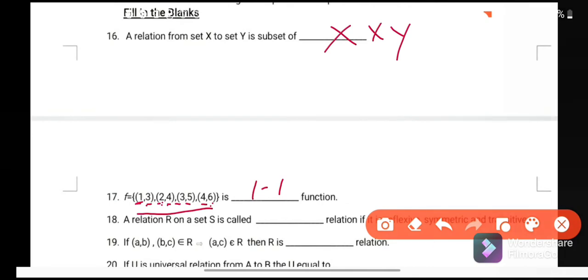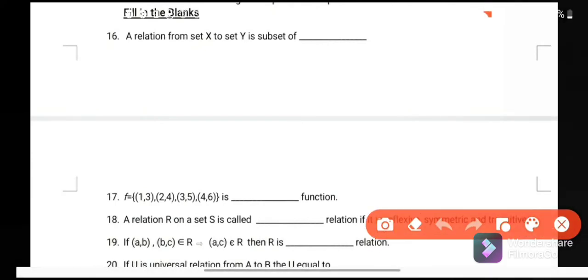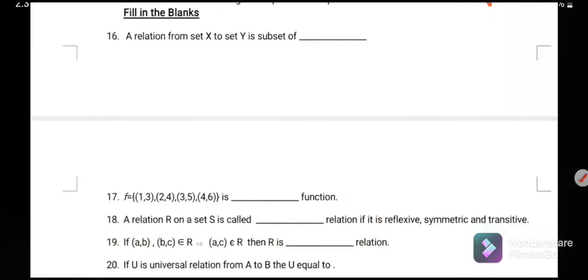Next, a relation R on a set S is called dash relation if it is reflexive, symmetric and transitive. So the answer is equivalence relation, because for an equivalence relation, the relation is reflexive, symmetric and transitive.